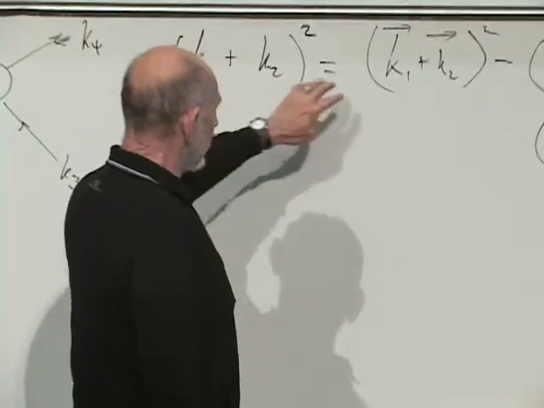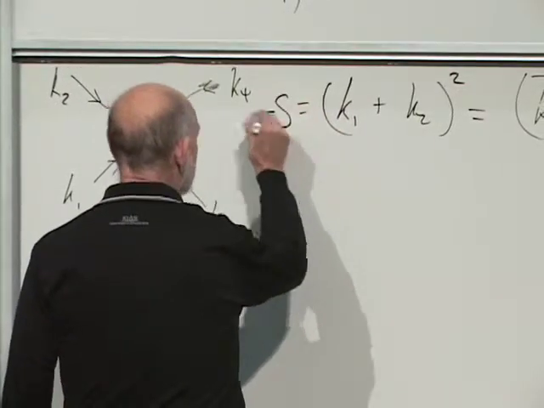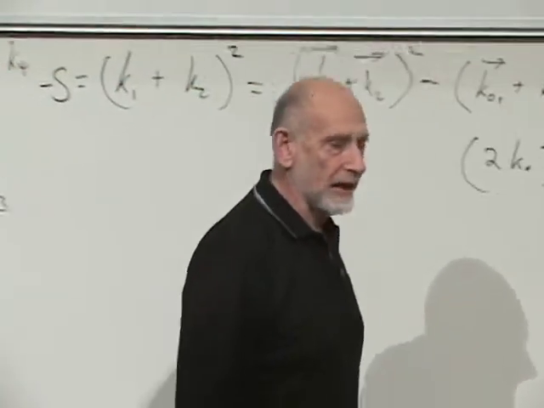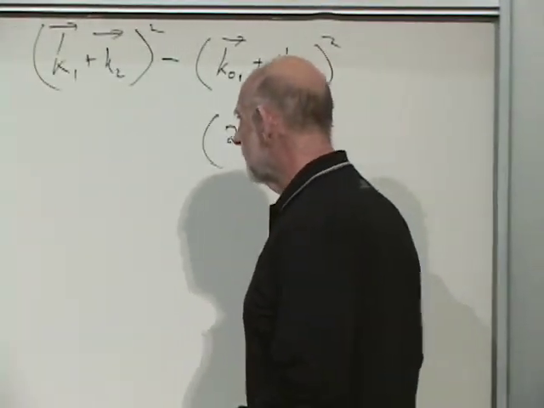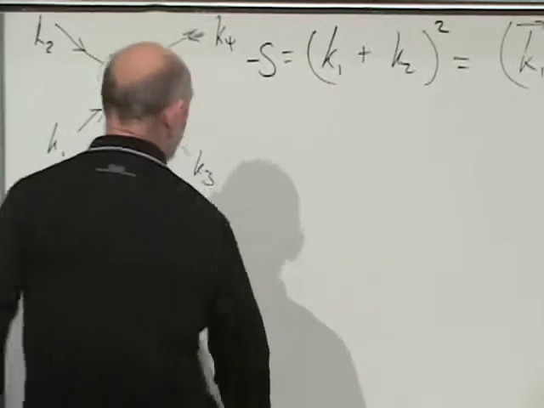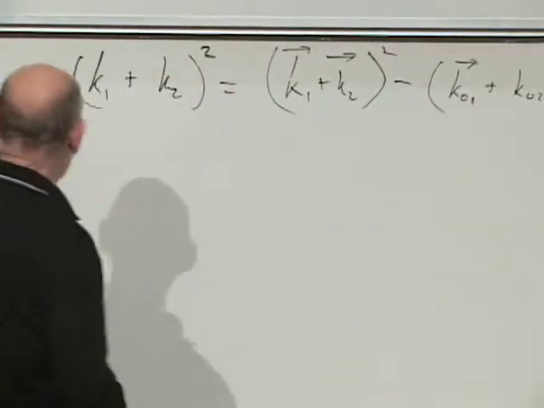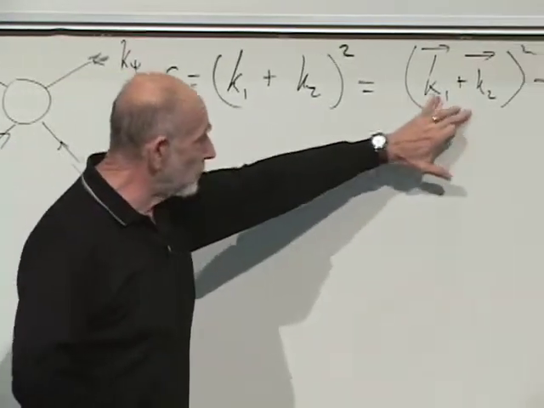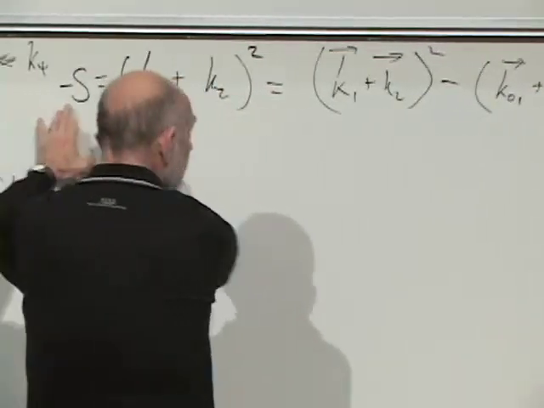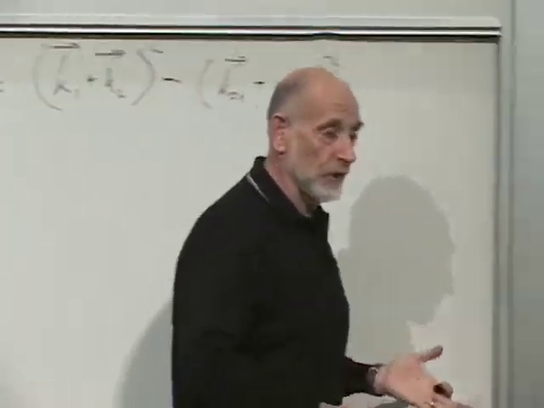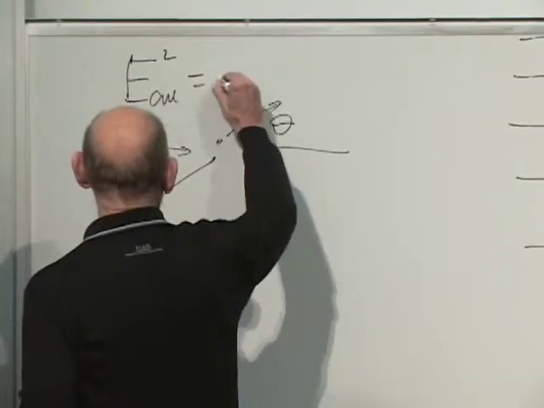So this quantity here, which is called minus S, is nothing but minus the square of the center of mass energy. Why? In the center of mass frame, this is 0, and this is just the total energy. The square of the center of mass energy we call S.